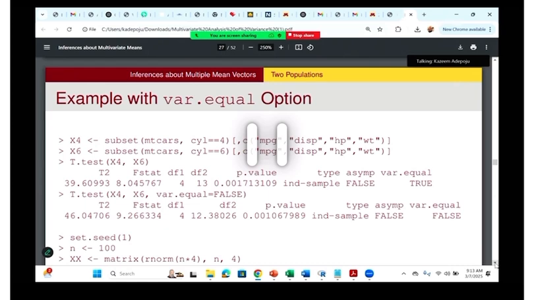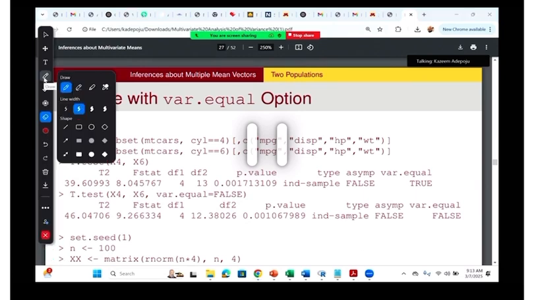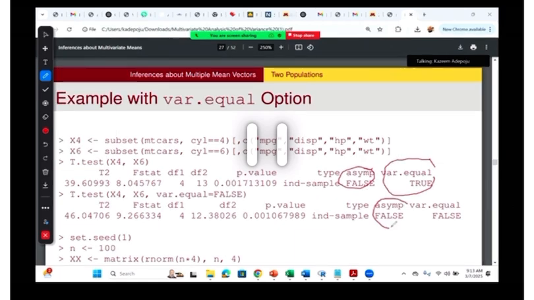When there's equality of covariance, if you take a look at the result here, please pay attention. The result here, you can see asymptotic, variance equal true. And here asymptotic false, variance equal false. I want to explain the two.